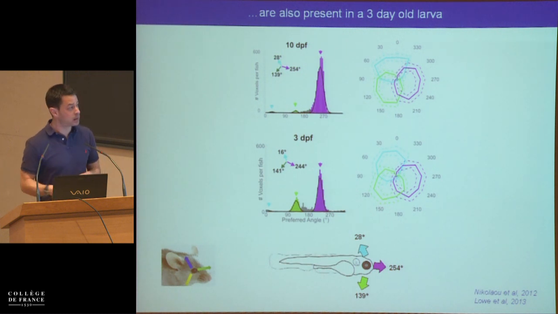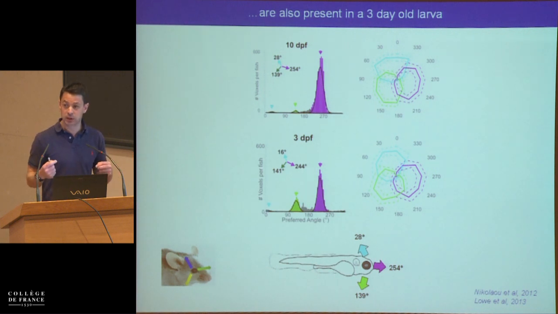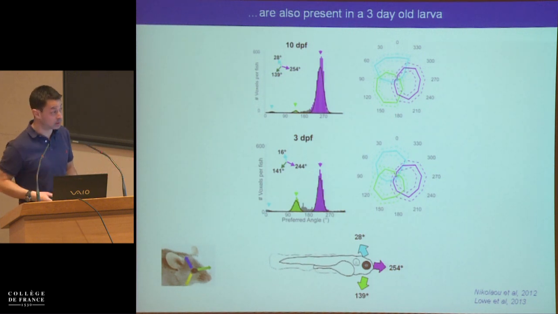The implication being that these cells, when they project to the tectum, are being reused for some other purpose. And the reason I think this is interesting is that you can use the same type of information, the same channel of information coming from the retina, and reuse it multiple times depending on where it goes to in the brain. I think this is something we'd really like to address more.